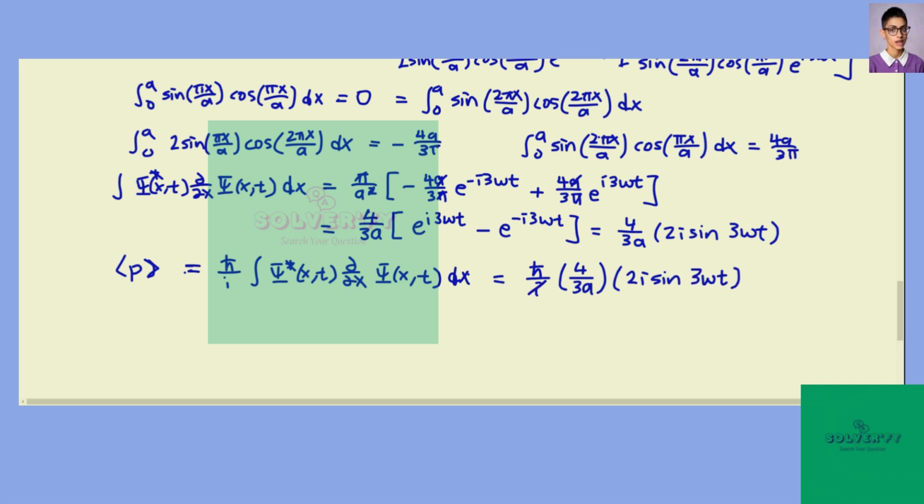So the i cancels and you get 8 h bar over 3a sine 3 omega t. Okay, so this is the expectation value of the momentum. You can use Wolfram Alpha here.